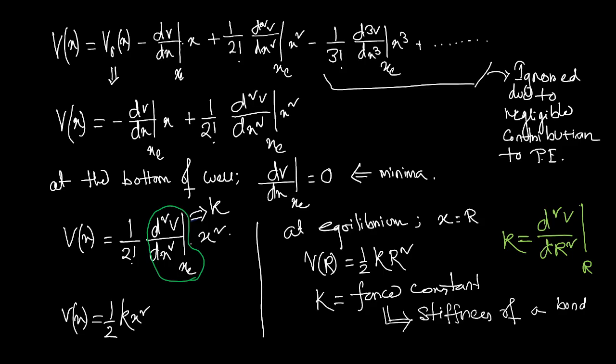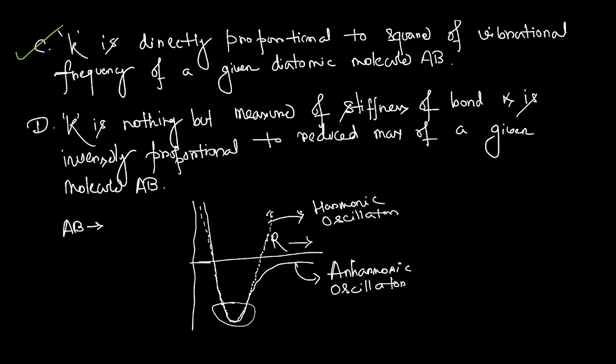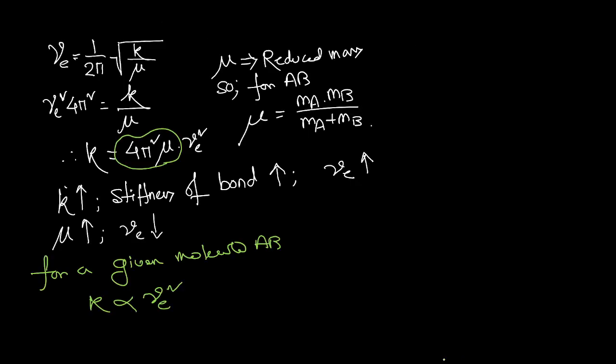As we can see, k is proportional to mu. So this statement is incorrect, because k is proportional to the reduced mass. So for question number 1, B and C are the correct options.